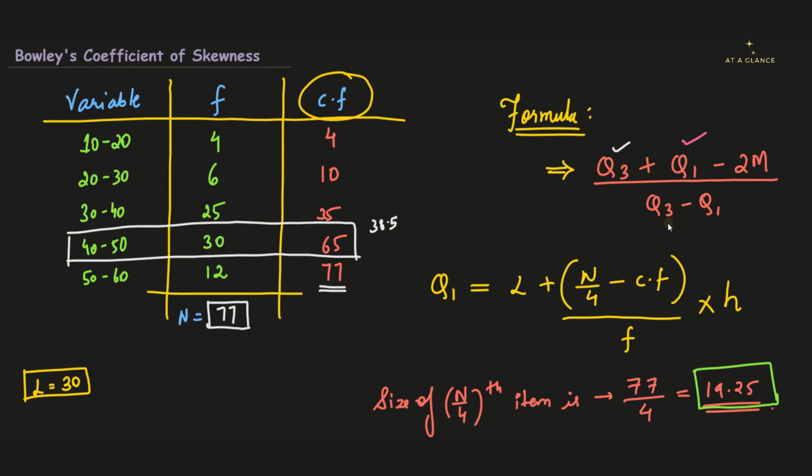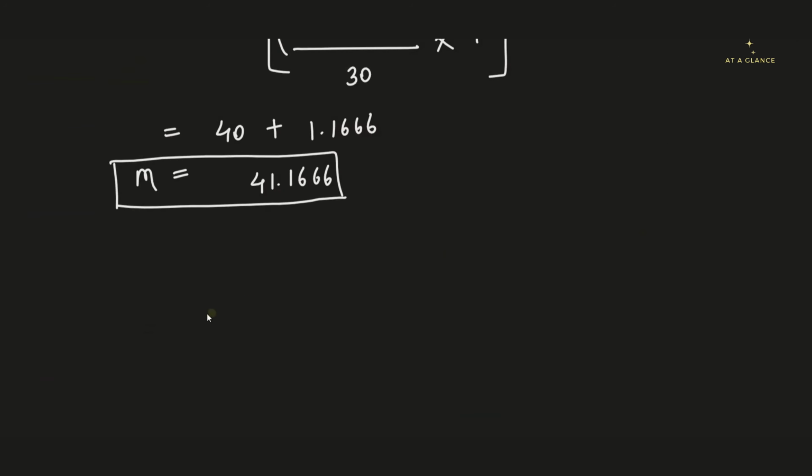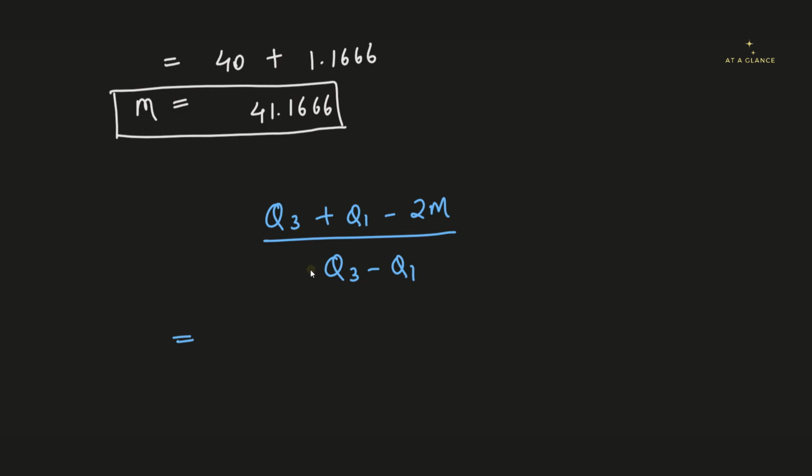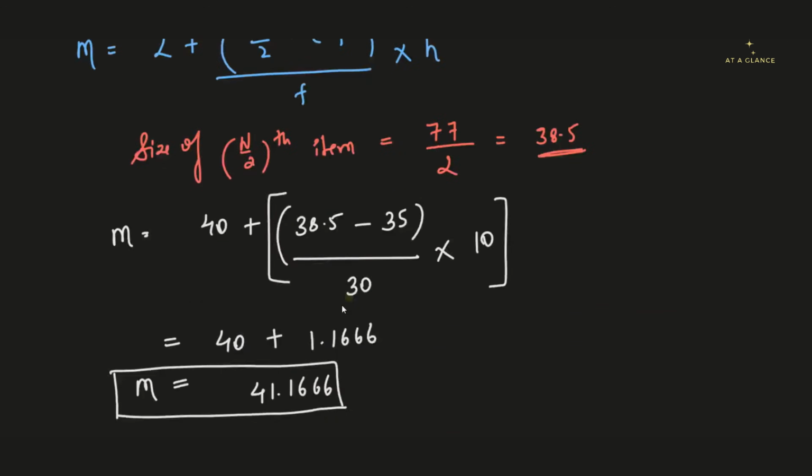So let's plug in the values in this particular formula: Q3 plus Q1 minus 2M divided by Q3 minus Q1. So let me write the formula again. We have got the value of Q3, that is 47.5833.